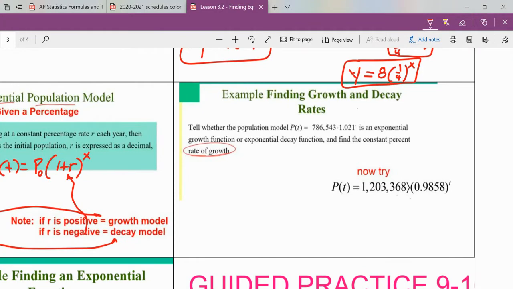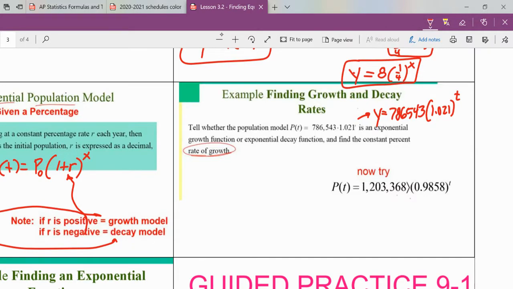Let's take a look at this first problem. Maybe I'll rewrite it in the y equals form. So this is y equals 786,543 times 1.021, raised to the t.